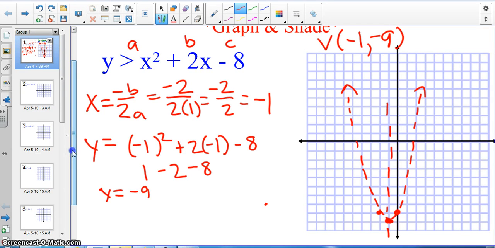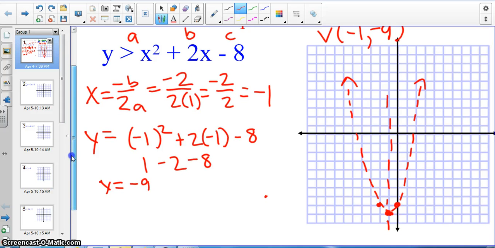Now what we can always do is pick a point on your x and y graph. So think about what is the easiest point to pick on an xy graph? 0, 0. This point right here. So plug that in to see where it makes it true.